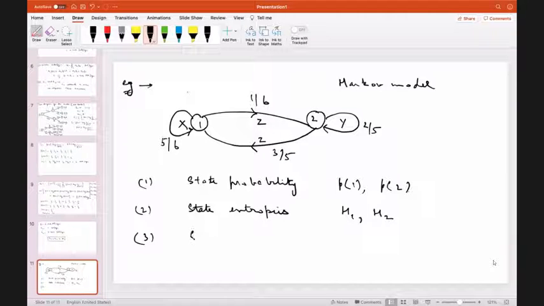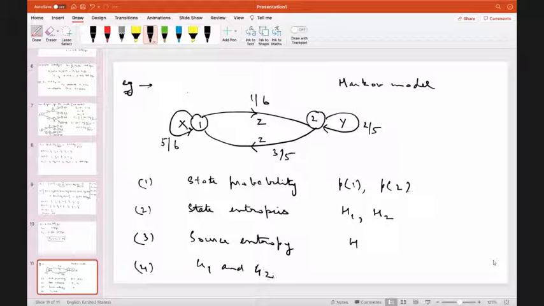Then you need to evaluate source entropy again, and that source entropy is going to be H. And then you need to evaluate G1 and G2. So this is what it is.